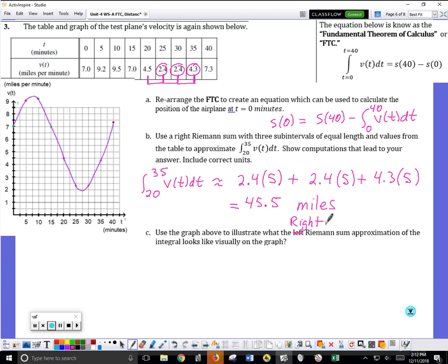So I'd go, let's see, 20 was 2.4, so that means I'd be like this. And the next section is 2.4 again. The next section is going to be 4.3.